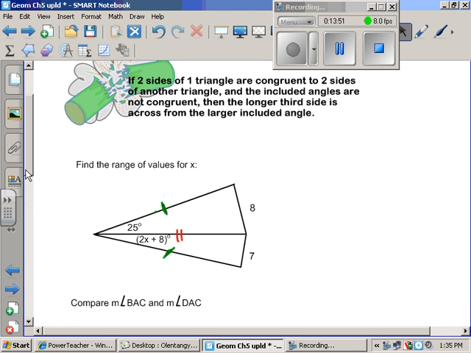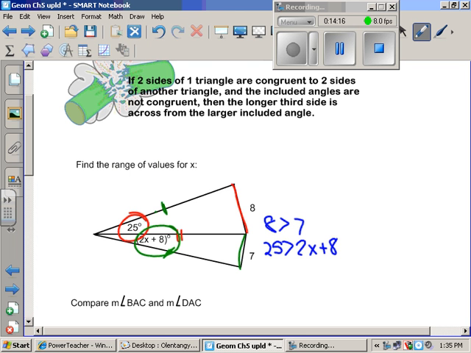So obviously this side here is larger than this side here, right? So that means this angle has to be larger than this angle. Just the same way that 8 is greater than 7, then 25 has to be greater than 2x plus 8.